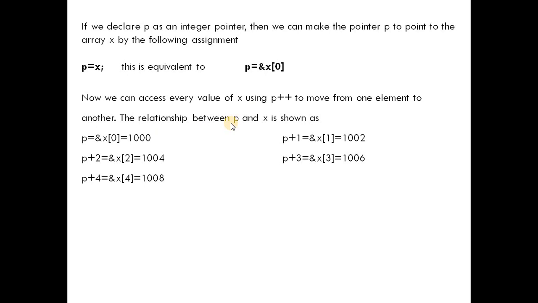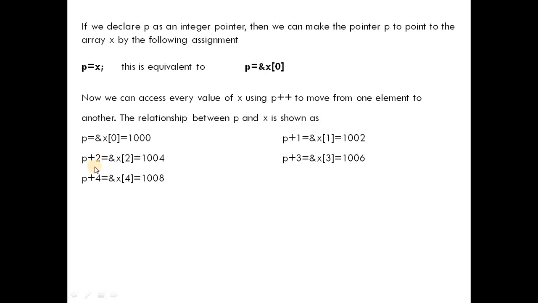The relationship between p and x is as shown. The address of the first element is 1000, which is stored in p. When we do p++ or p+1, it becomes the address of the second element, that is 1002.